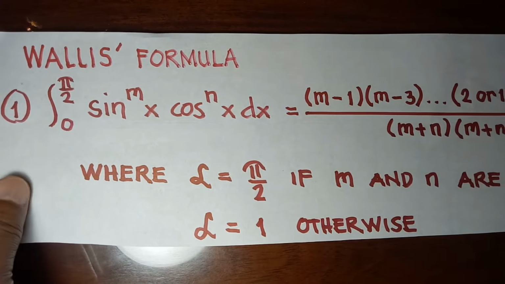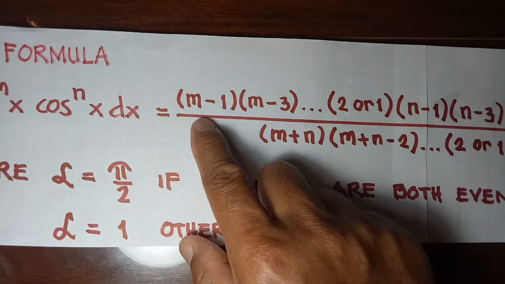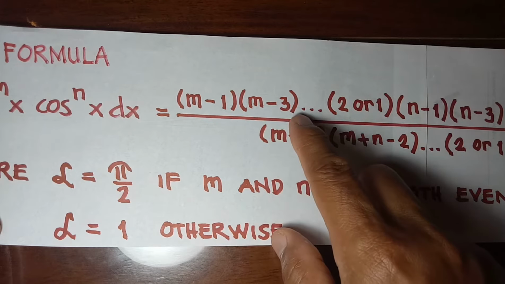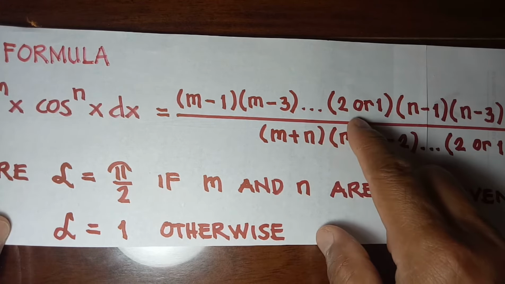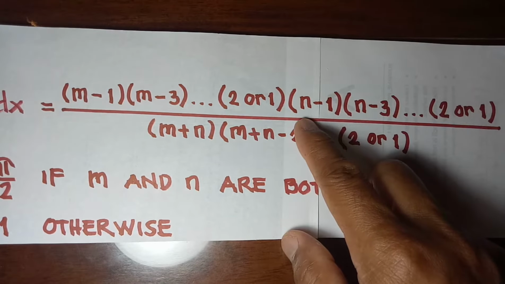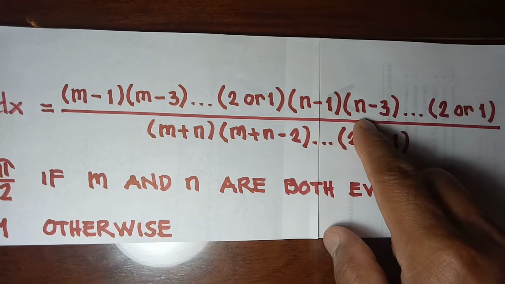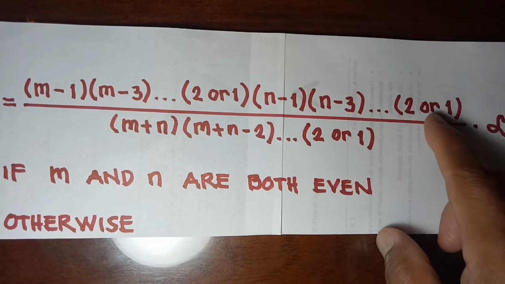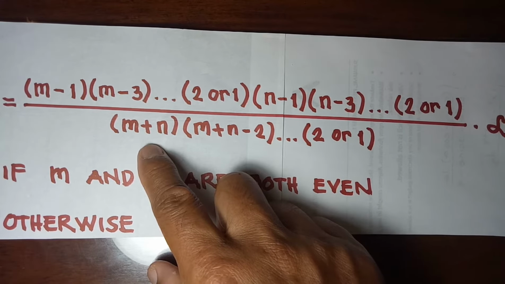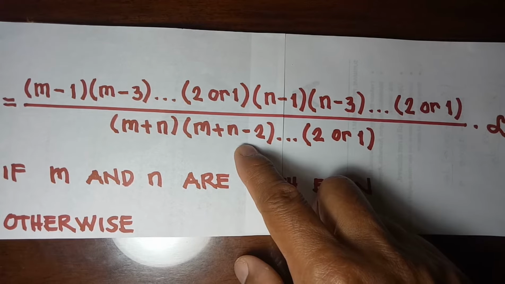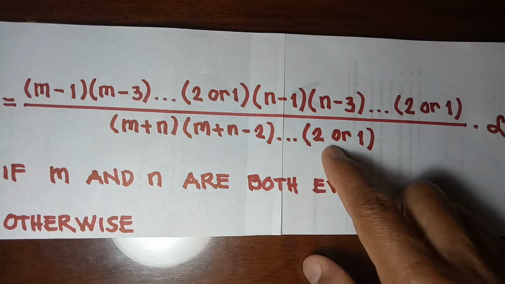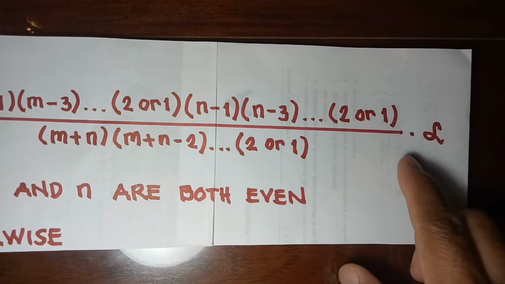So equal ito sa m minus 1 times m minus 3 times m minus 5 hanggang sa difference na 2 or 1 times n minus 1 times n minus 3 hanggang sa difference na 2 or 1 all divided by m plus n times m plus n minus 2 times m plus n minus 4 hanggang sa difference na 2 or 1 times alpha.